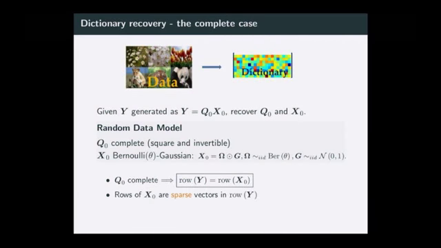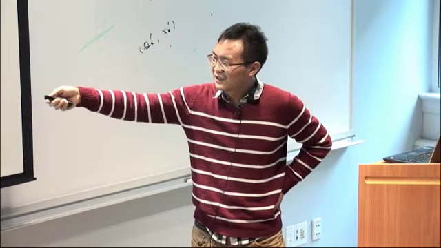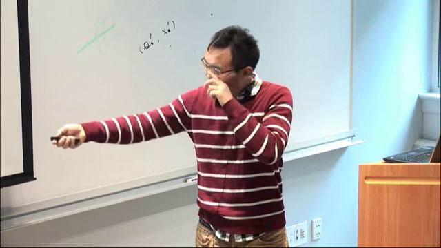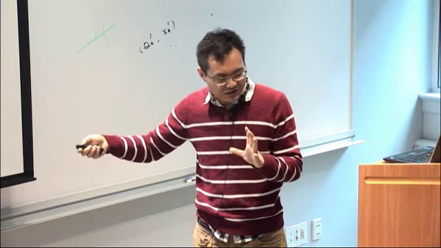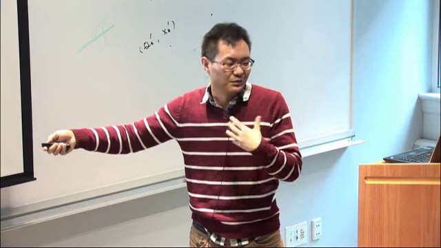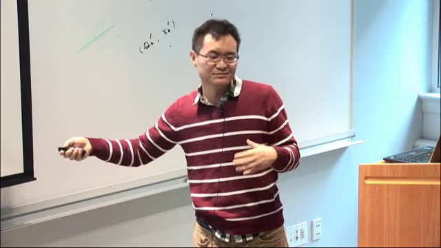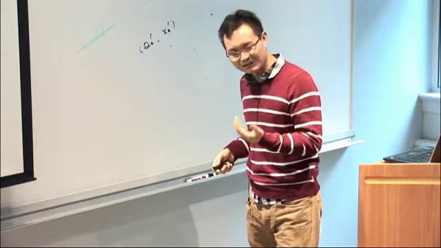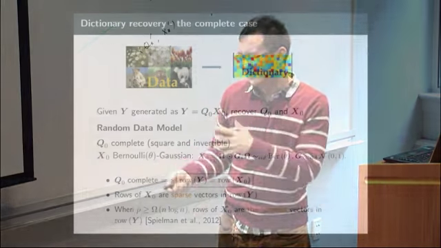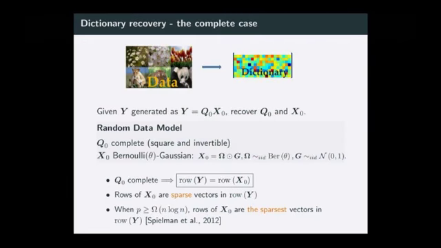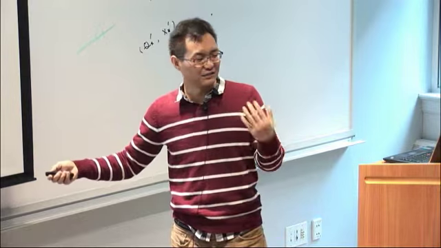Since theta is normally small, because we are interested in the case where X0 is sparse, the rows of X0 are sparse vectors in this row space. If you put a little additional assumption on the number of samples you have, you can actually prove they are the sparsest ones.